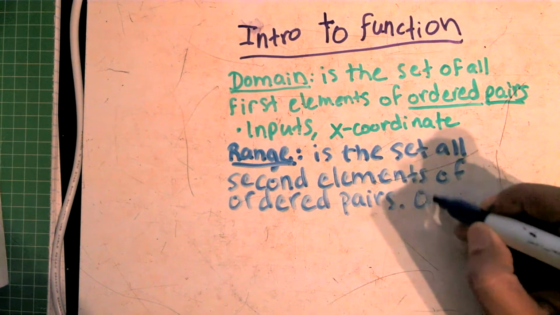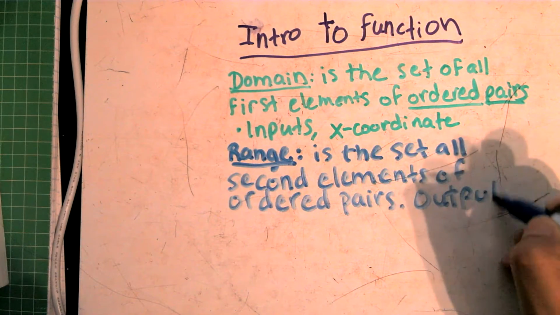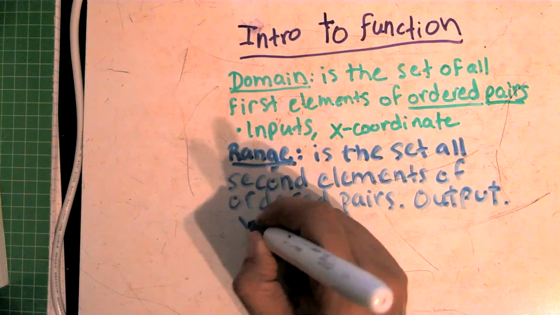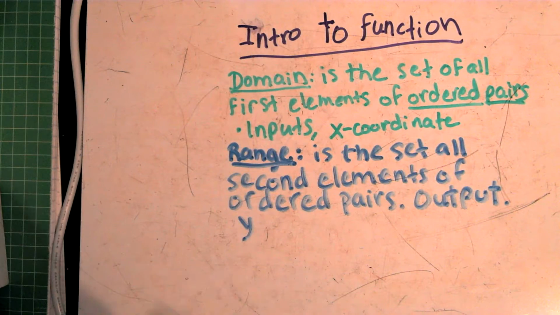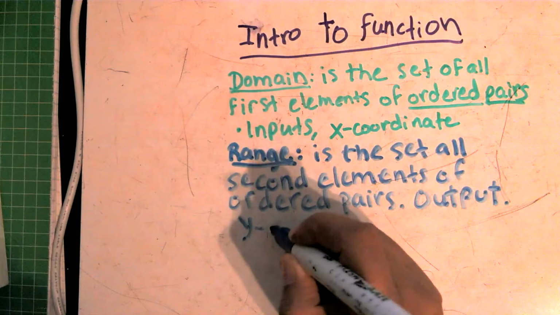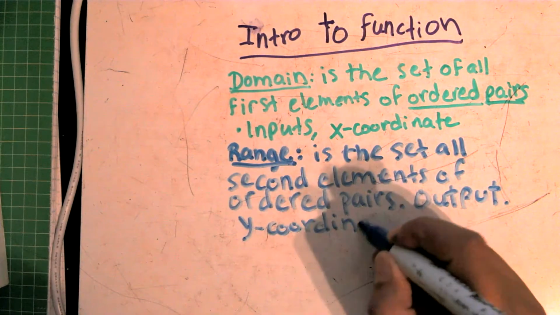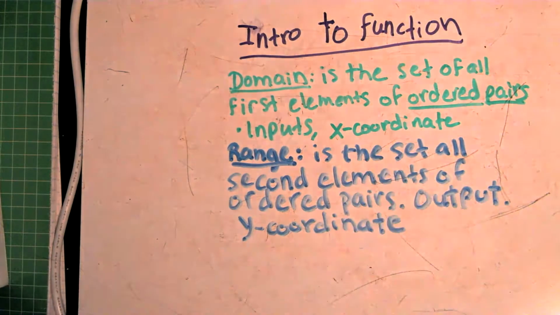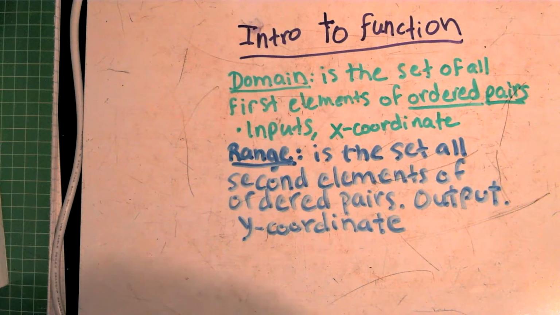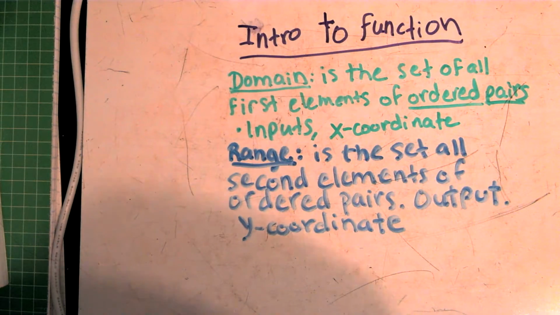Another word is the output. And in math, the second number in an ordered pair is the y coordinate. It's a member of the range. So it's important to know these words and what these words mean.